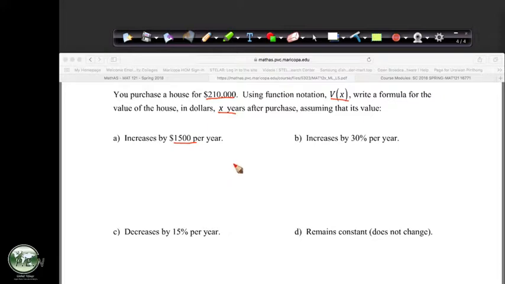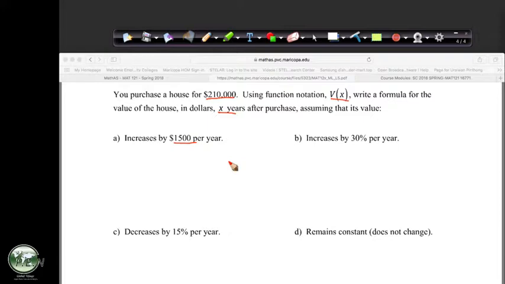And how do we know the difference? It's linear, because it's a set amount each year. It's an amount, not a percent. So the difference is a percent will be exponential, an amount will be linear.